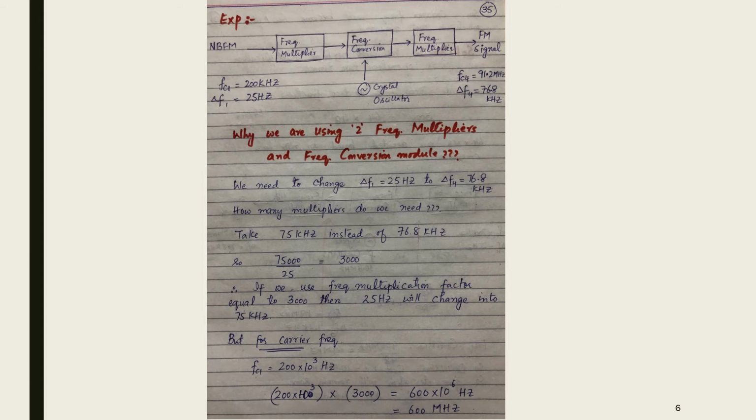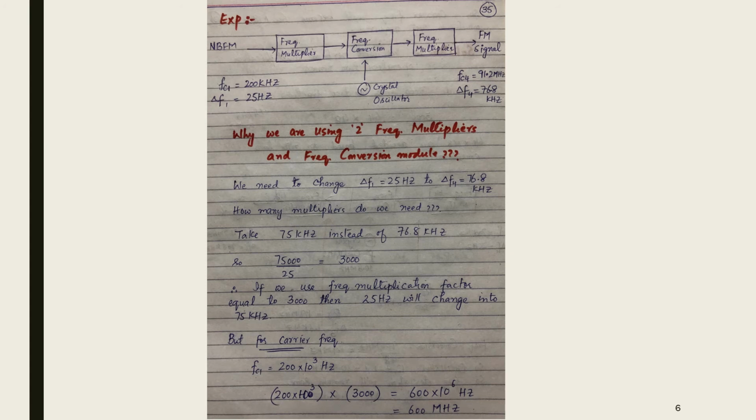But interestingly, it is not possible to reach 76.8 kilohertz, so we will convert our delta F1 to 75 kilohertz instead of 76.8 kilohertz.